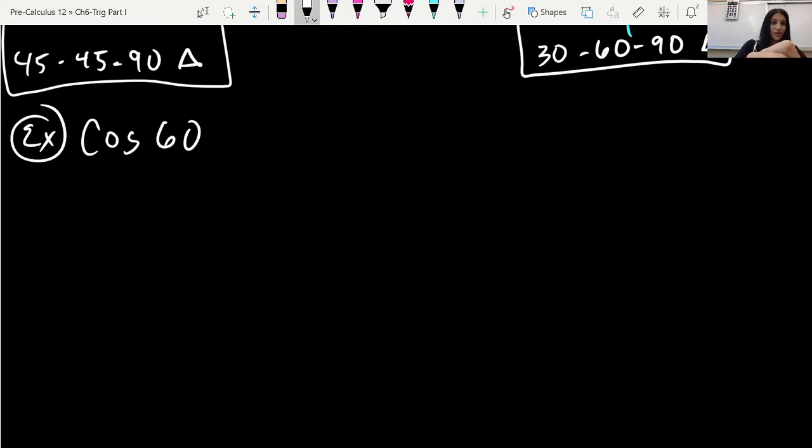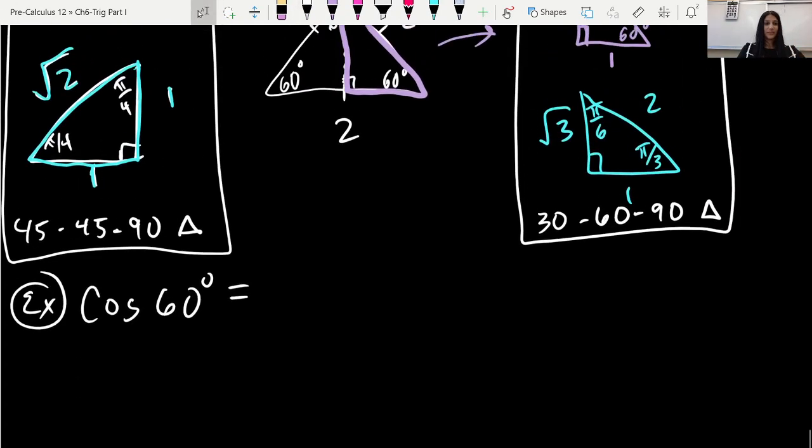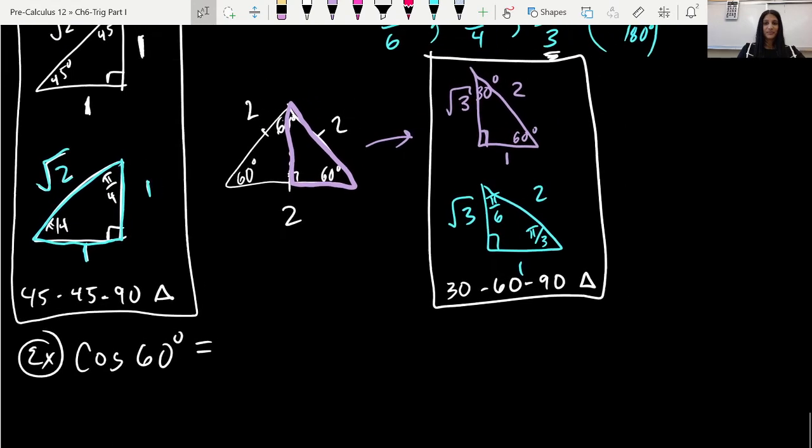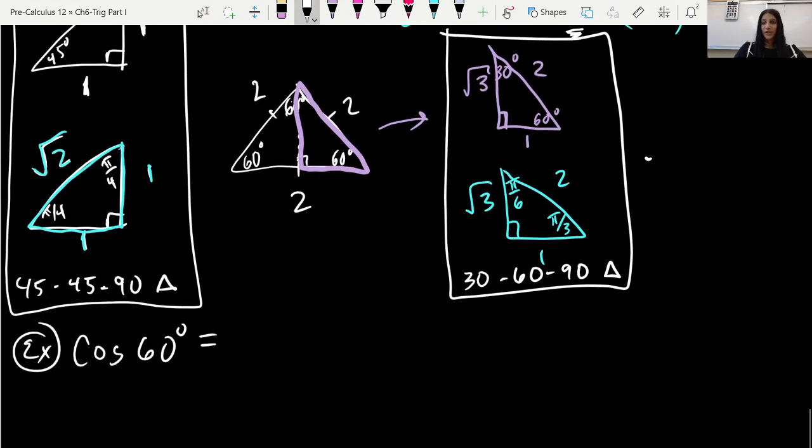If we're looking for the cosine of 60 degrees, for example, I know that I'm interested in this guy here. What I would suggest is when you write your test or your quiz, draw the special triangles at the top, just so you're not thinking your way through it each and every time. I would look at this and say, I know that cosine of 60 degrees is adjacent over hypotenuse.